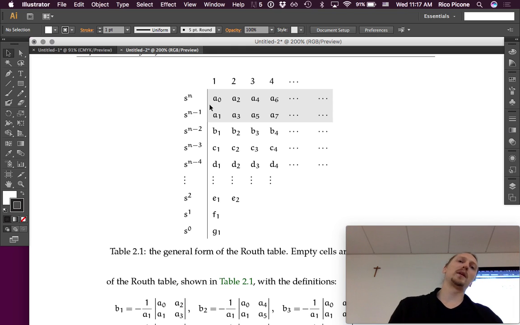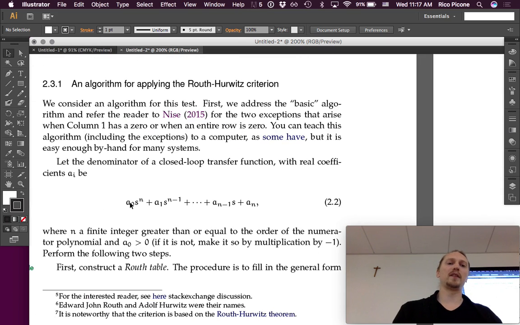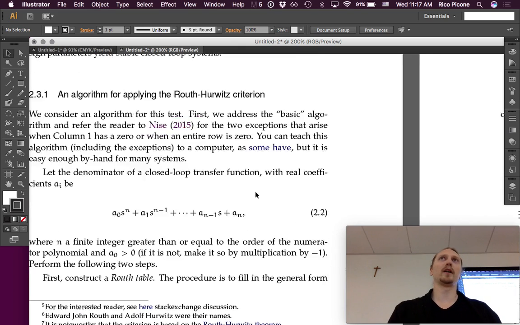What we can do is we could just stick in a0, a1, a2, a3. So we go back to our polynomial. So a0, a1, etc. We're just picking off the coefficients of the polynomial, right?